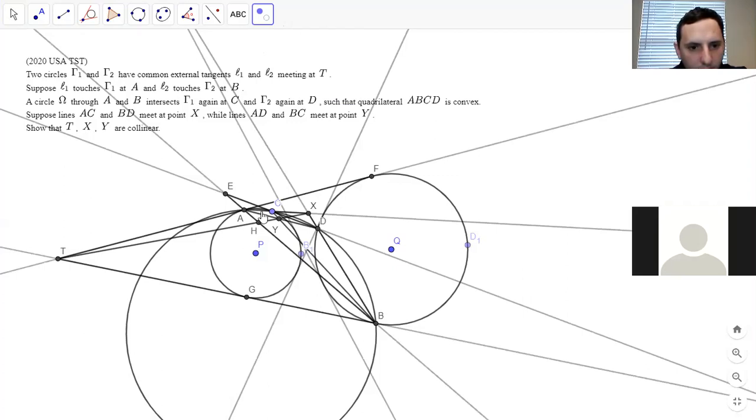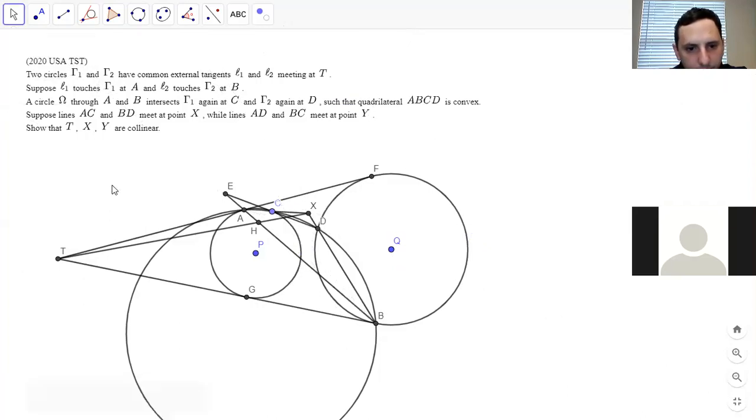We can hide those points. So if we show EAHB is harmonic, that solves the problem.